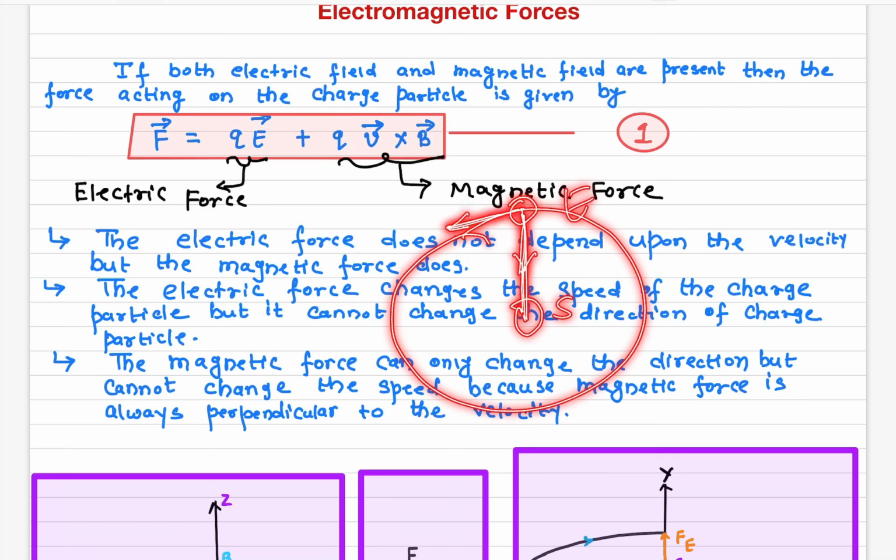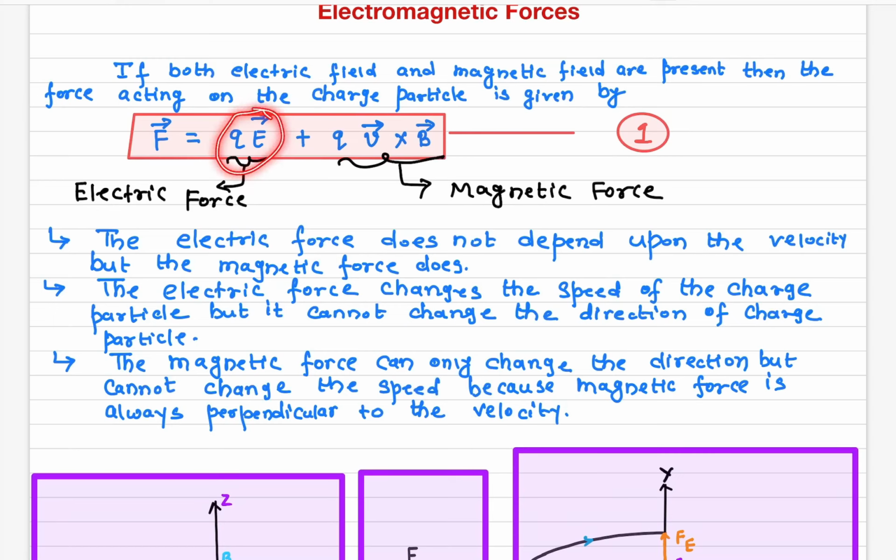As the force is perpendicular to the velocity, it will only change the direction, and that's the reason we have a circular orbit here. There is a force acting on it, but that force is not changing the speed. It is in fact changing the velocity because the direction is changing, but the speed is not changing at all. It only changes the direction.